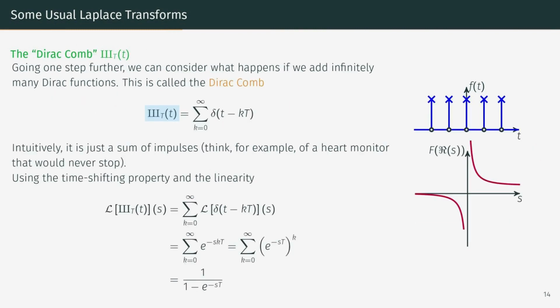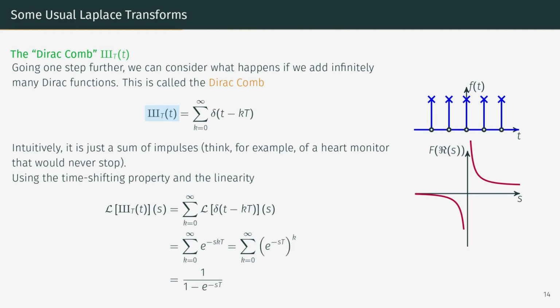We can then go one step further and consider what happens if we add infinitely many Dirac functions. This is called the Dirac comb. The Dirac comb is denoted by the triple I of t, which is shown here in blue.